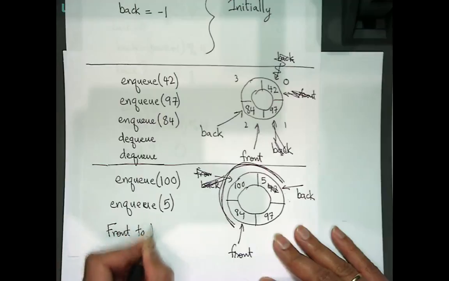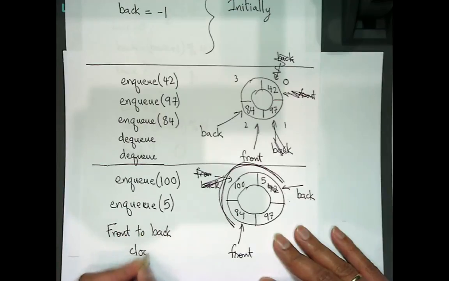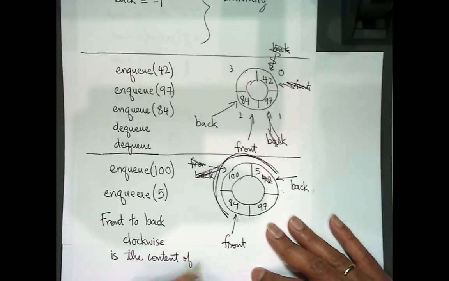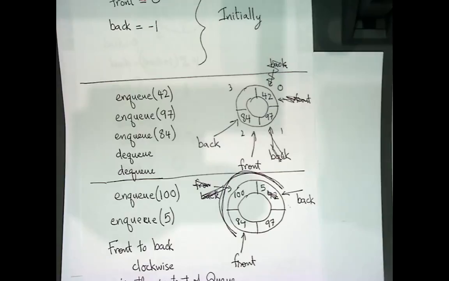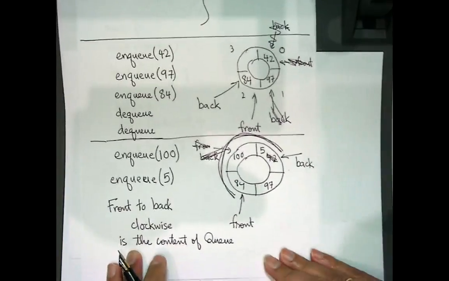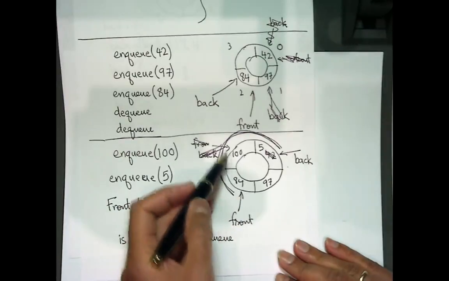Front to back clockwise is the content of Q. Everything else, there may be something written there, but that's not part of the queue. That's just stuff that has been dequeued but not yet overwritten. Make sense? And so if you dequeue, then sort of front keeps moving in a circle. Does this make sense?